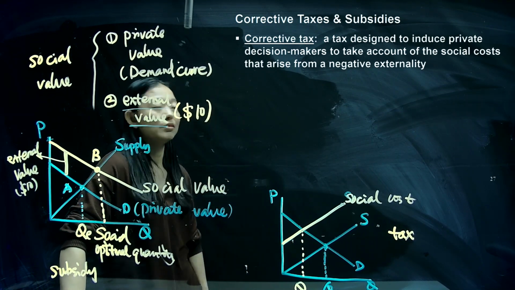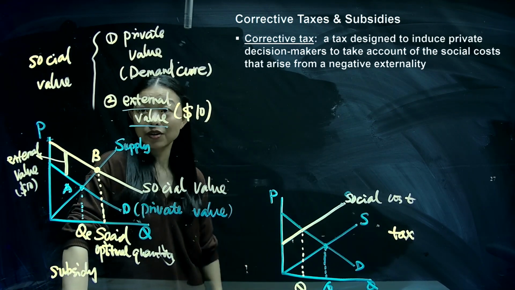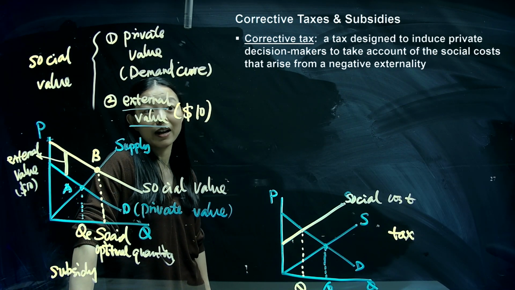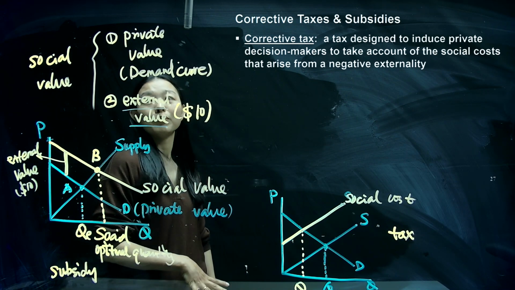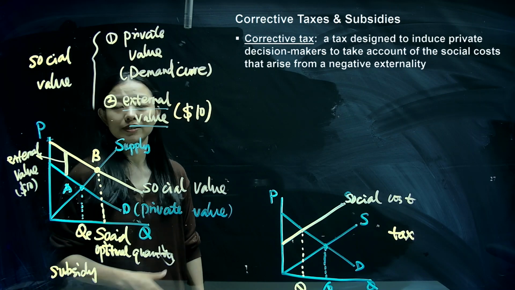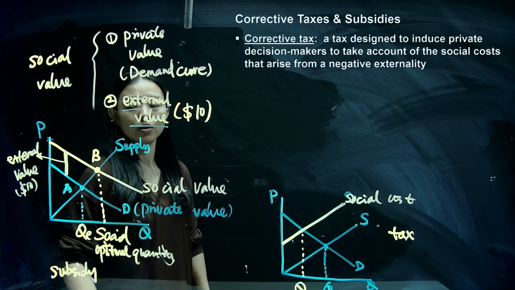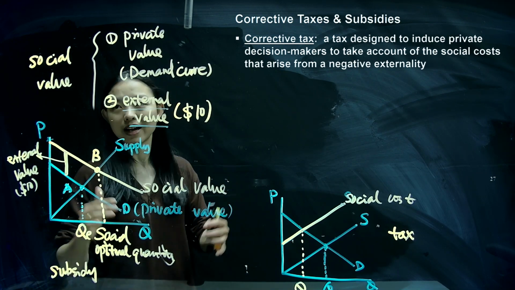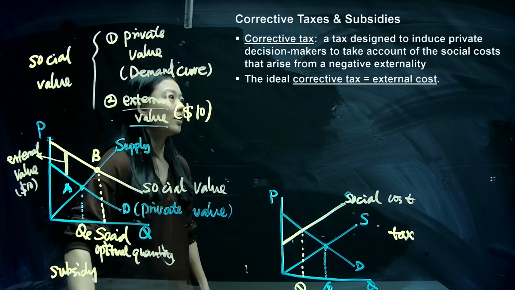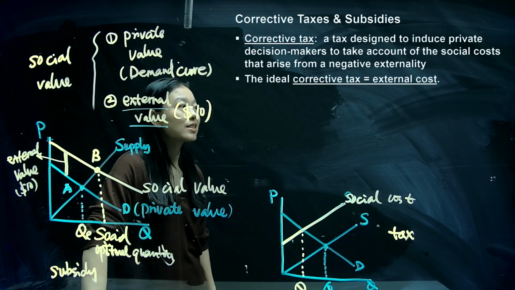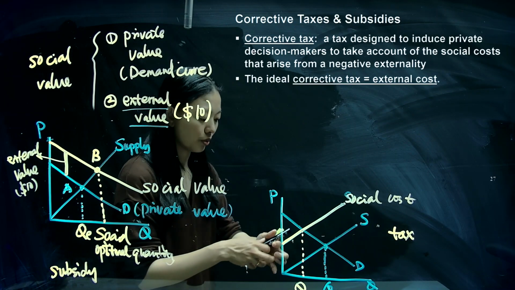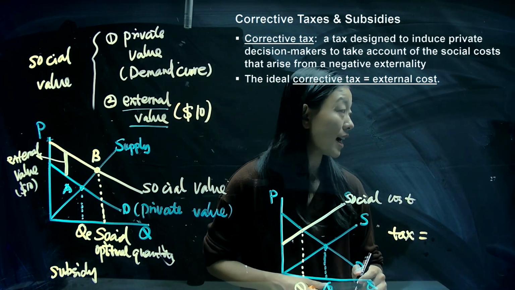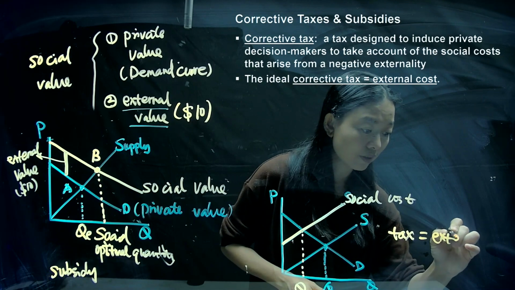If the government imposes a tax on the consumption of gasoline, the consumers might consider, okay, probably I need to switch to some more energy efficient cars, or try to cut down the usage of gasoline. The ideal corrective tax rate can equal the external cost.